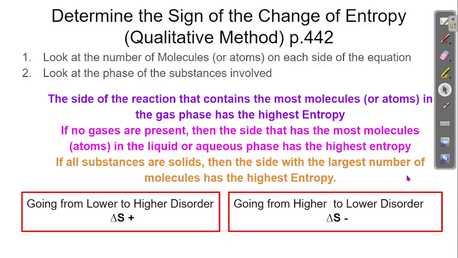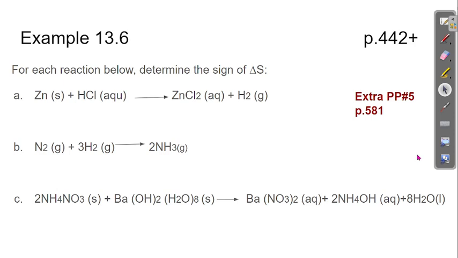And finally, if all substances are solids, then the side with the largest number of molecules has the highest entropy. So you need to know this because you need to be able to apply it. How? Let's look at this. Page 442 in your textbook, and then we're going to do one on your own.